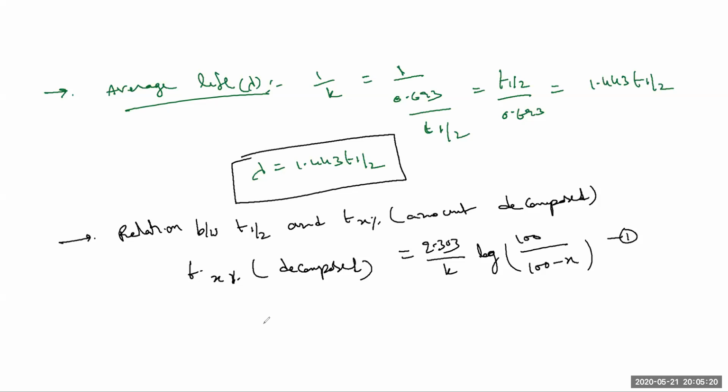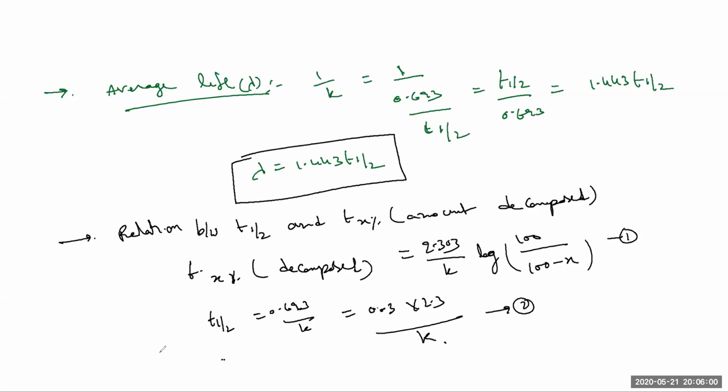Now T half is equal to 0.693 by K. While deriving, 0.693 is log 2 into 2.303, so I am writing log 2 value into 2.303 by K, equation 2.